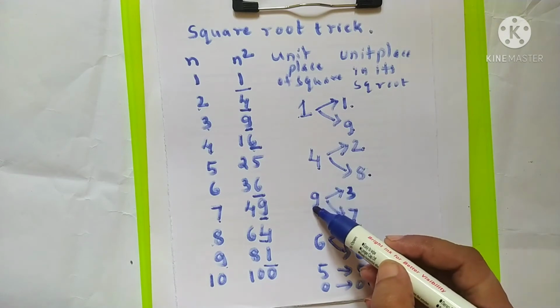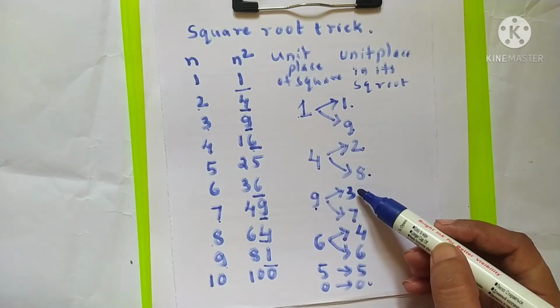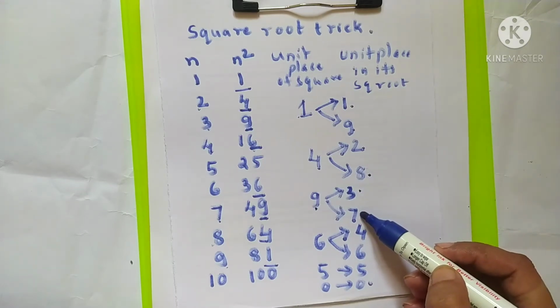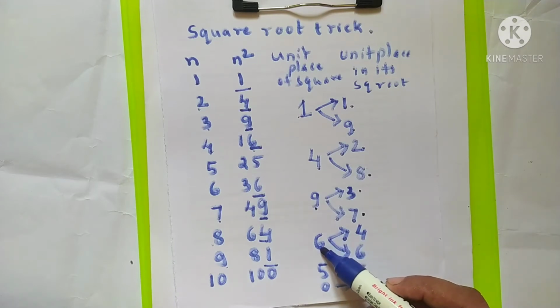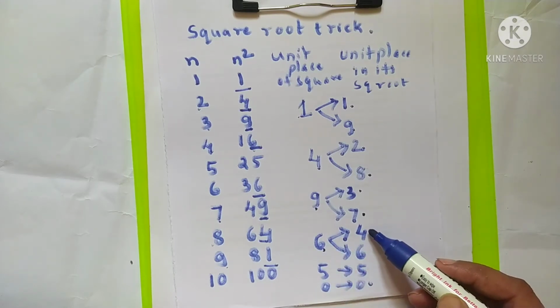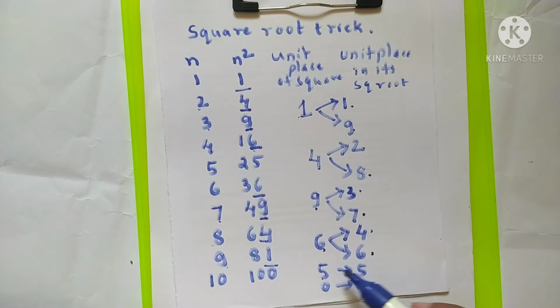If 9 is in the units place of a square number, then 3 or 7 may be in the units place of the square root. Similarly, if 6 is in the units place of a square number, 4 or 6 will be there in the units place of the square root. If 5 is there, 5; if 0 is there, 0.